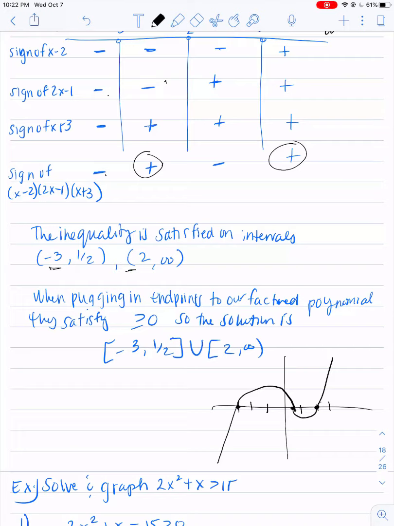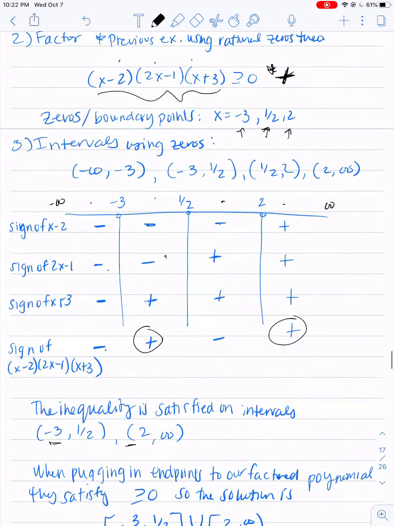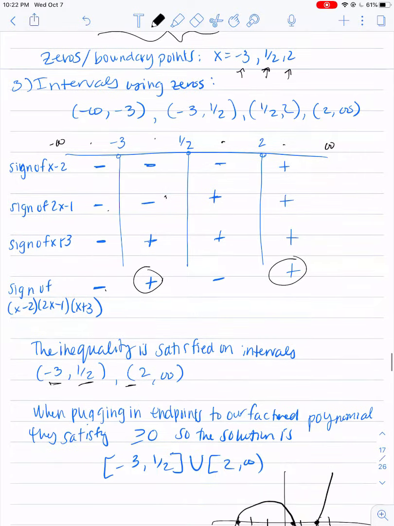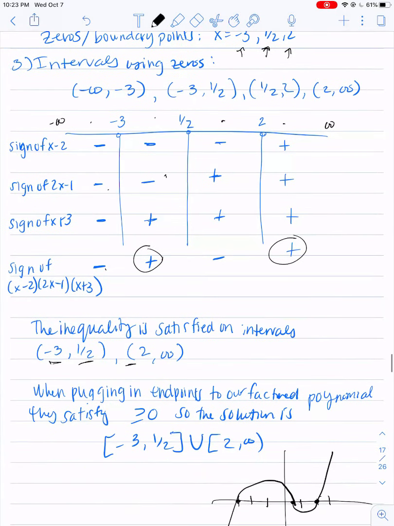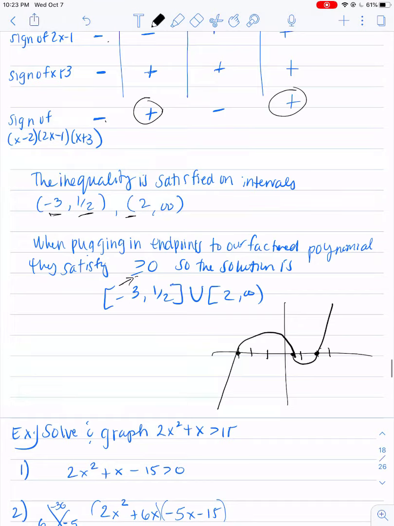And then when we plug in our endpoints, negative 3, 2, and 1/2, into our factored polynomial, they satisfy, they are greater than or equal to 0. So basically they're all equal to 0, but since our inequality is greater than or equal, they satisfy it. So our solution set is negative 3 to 1/2 union with 2 to infinity, including those points.